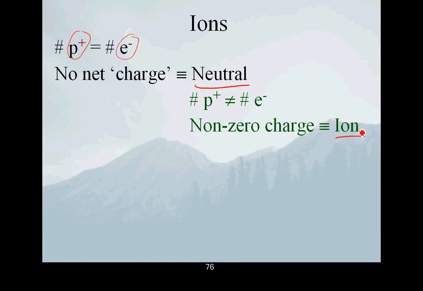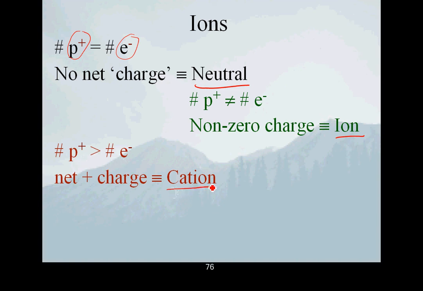And we have 2 different ways of having ions. We can either have the number of protons be greater than the number of electrons, or vice versa. If the number of protons is greater than the number of electrons, we're going to have a net positive charge, because not everything is canceling out. If the ion is a net positive, we usually refer to that as a cation. If the number of protons is less than the number of electrons, then it has a net negative charge, and we refer to that as an anion.